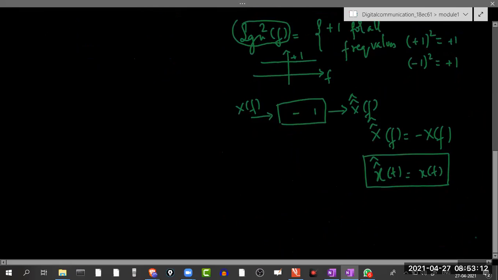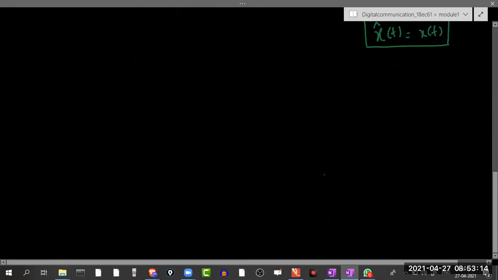Let's take an example case where we assume some value for x of t. Right now, let this input signal x of t be equal to some cosine function, cos omega t. Now, what are we supposed to do if I'm supposed to find x double cap of t?